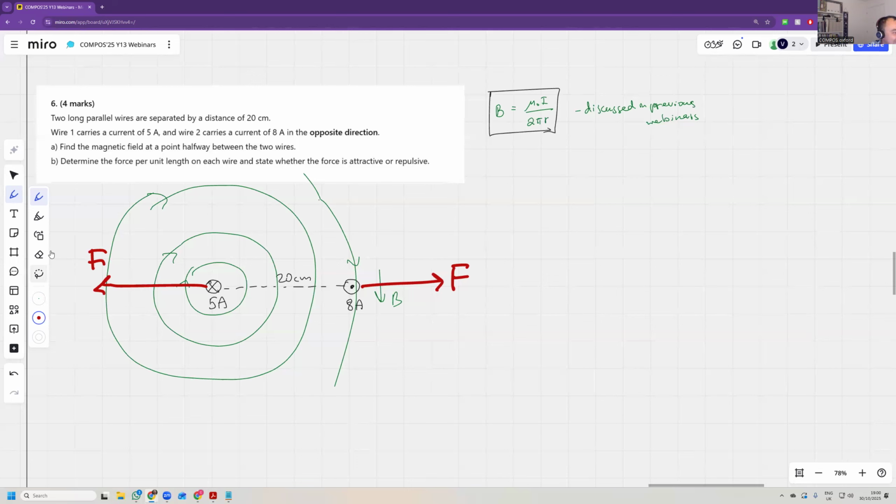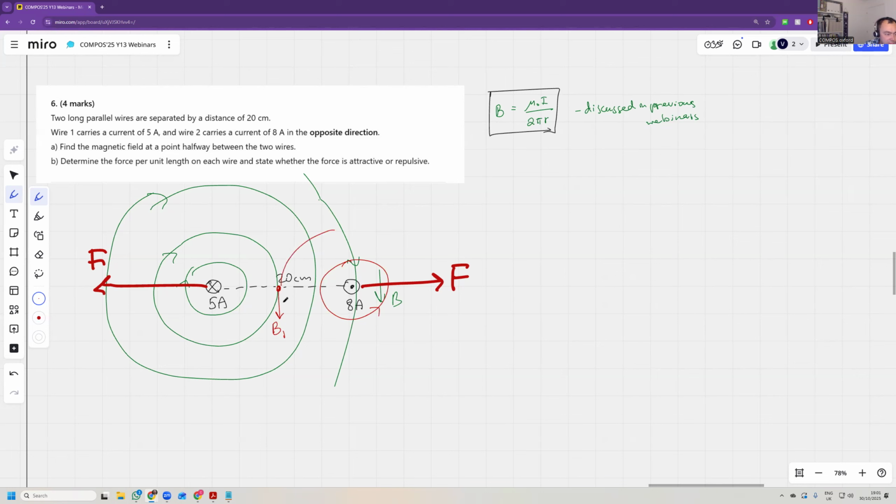So find the magnetic field here, halfway. We know the magnetic field of the first wire is downwards, B1. And the magnetic field of the second wire is upwards, and that's B2. Oh, it's not. It's in the same direction, sorry, because it's anti-clockwise.